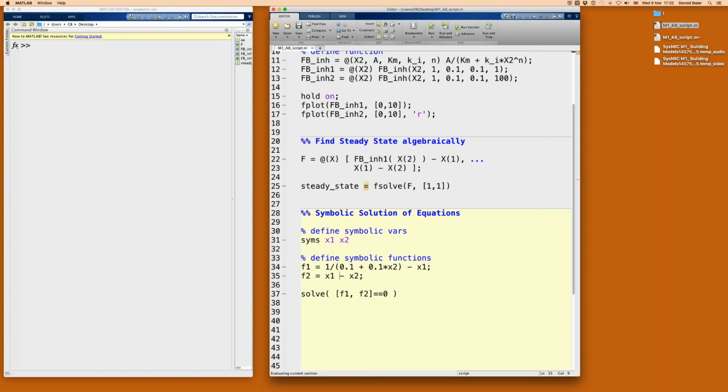Okay, it's thinking. Okay, so it's come up with an answer saying x1 is two numbers and x2 is two numbers. Well, let's save those as our x1 steady state and x2 steady state so we can have a look at them. If I run this again.